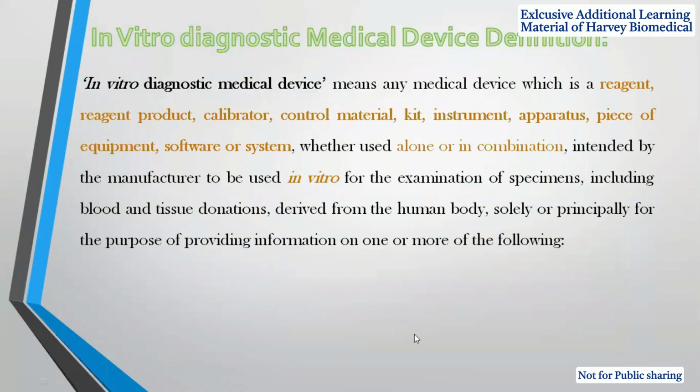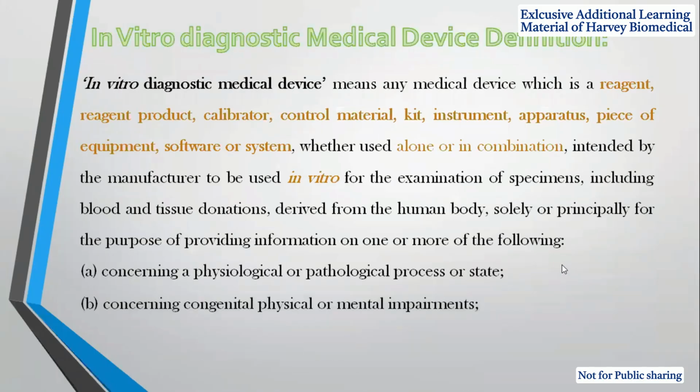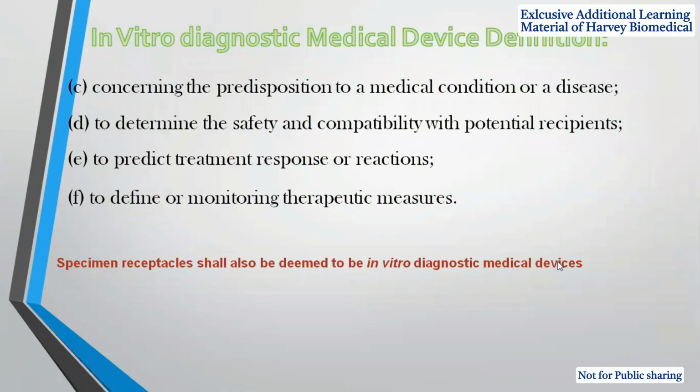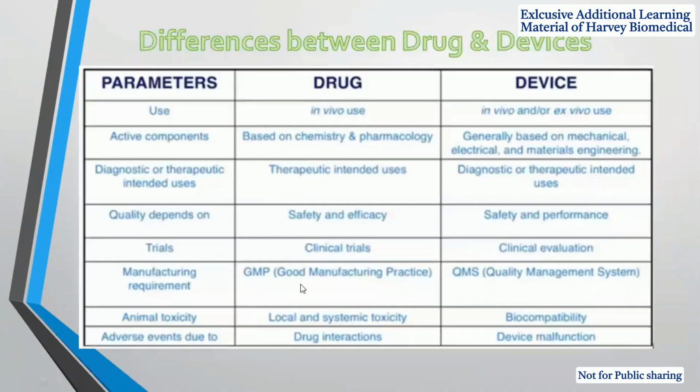Sir, can you explain the QMS point once again? The manufacturing practices: for the drug, they will follow the ICH, International Conference on Harmonization, guidelines. For devices, the quality management system is ISO 13485:2016 or 21 CFR 820.